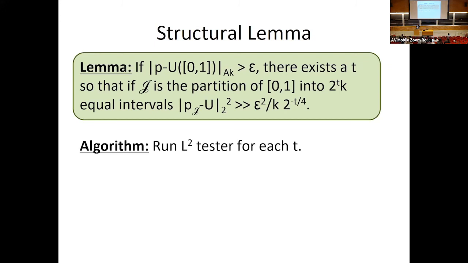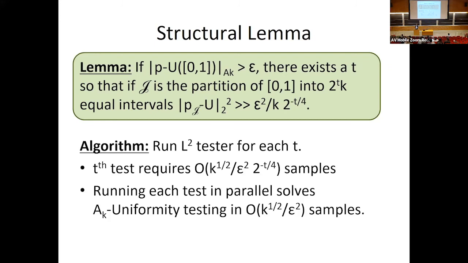The t-th test requires root k over epsilon squared divided by 2 to the t over 4 samples, so I can just run each test in parallel with root k over epsilon squared samples. If p is equal to q, it will pass every one of these tests. If p is far from q in AK distance, it is guaranteed to fail at least one, with high probability. And so this allows me to distinguish.